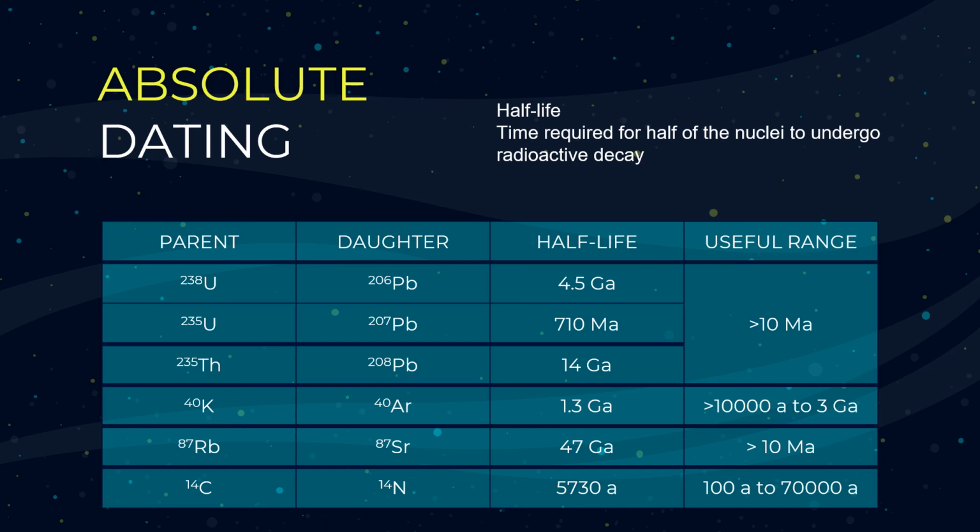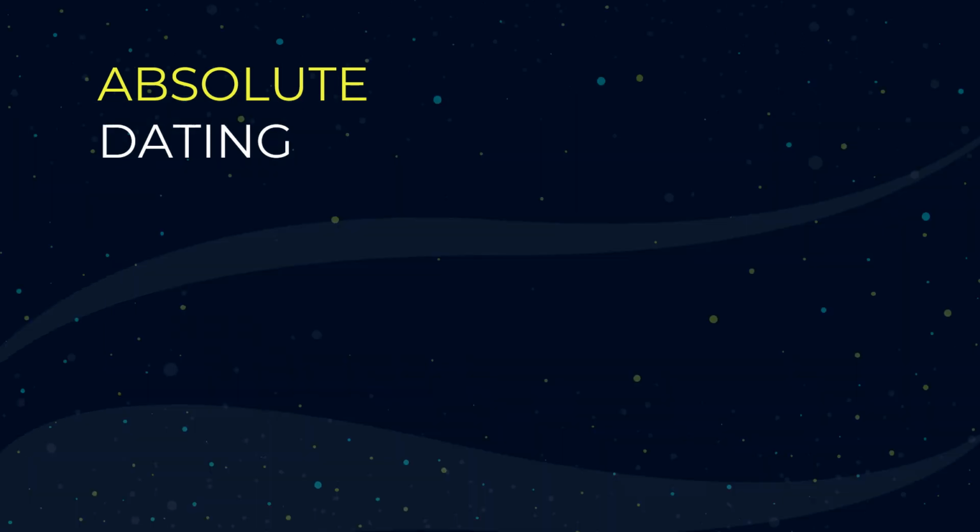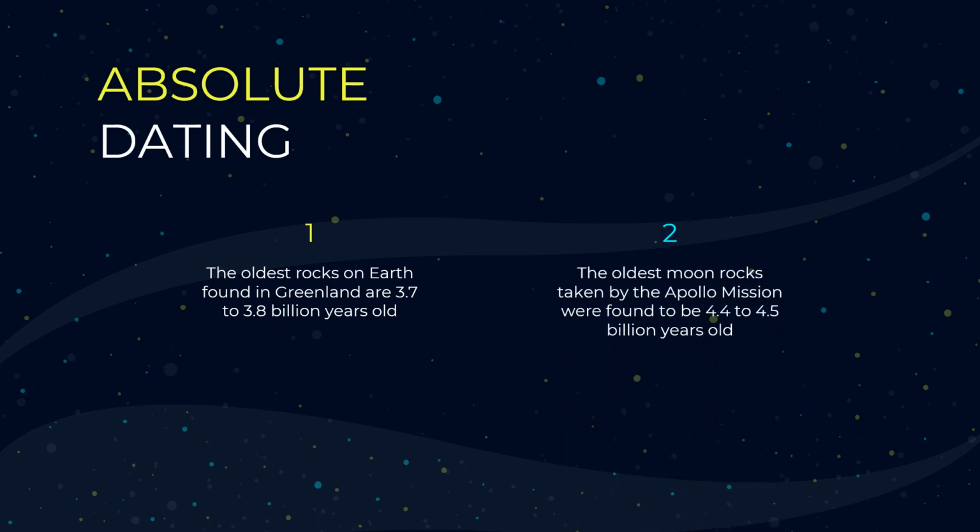The use of the radiometric dating method revealed the following information. First, the oldest rocks on Earth, found in Greenland, are 3.7 to 3.8 billion years old. Second, the oldest moon rocks taken by the Apollo mission were found to be 4.4 to 4.5 billion years old.